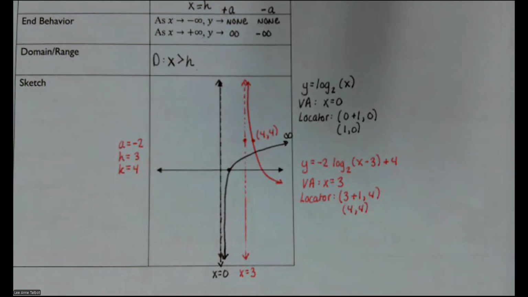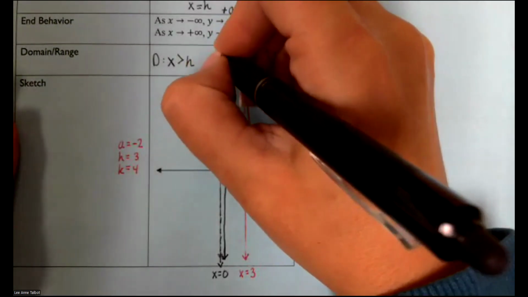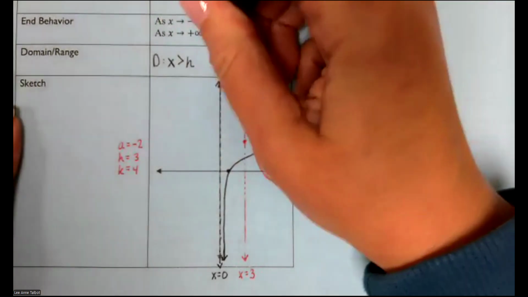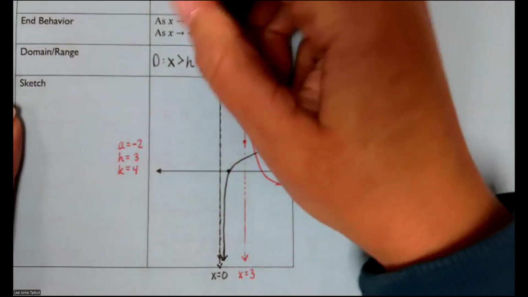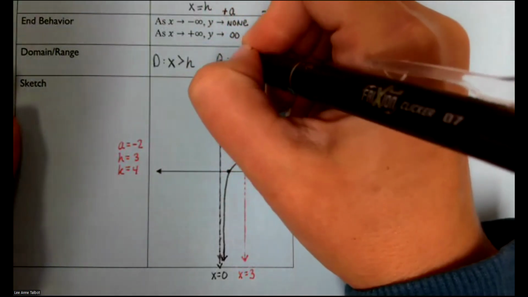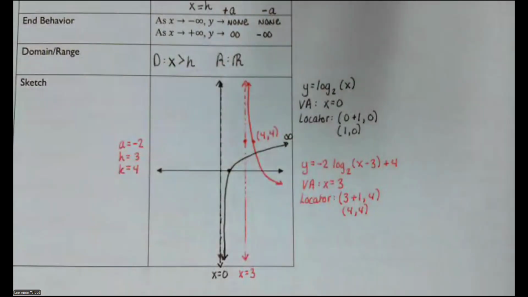The -2 isn't making it go in a different direction. It's just making it go down instead of up. Okay, and then the range, I just wrote the answer. Oh, yeah. I wrote the wrong R. Range is all real numbers for all of them.